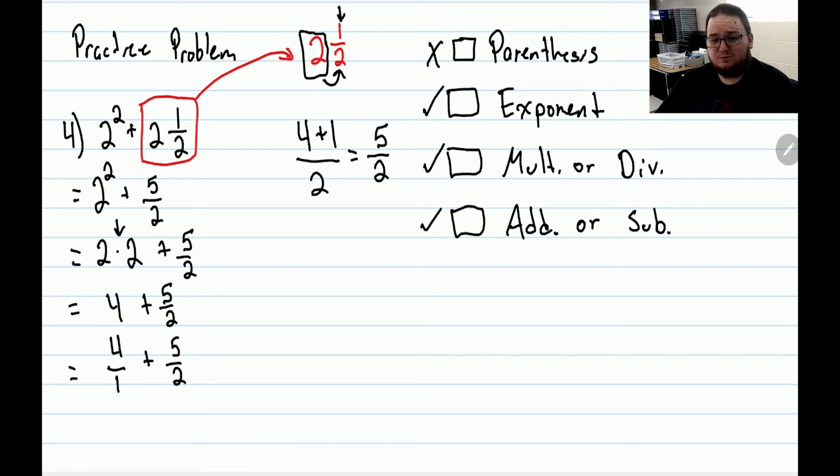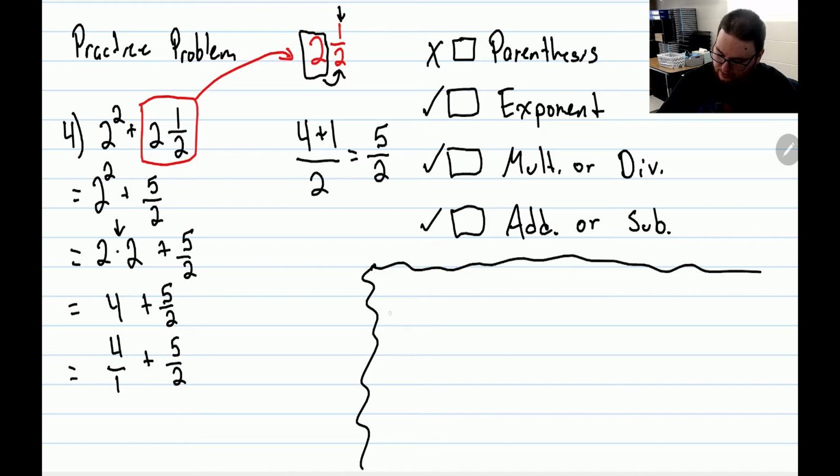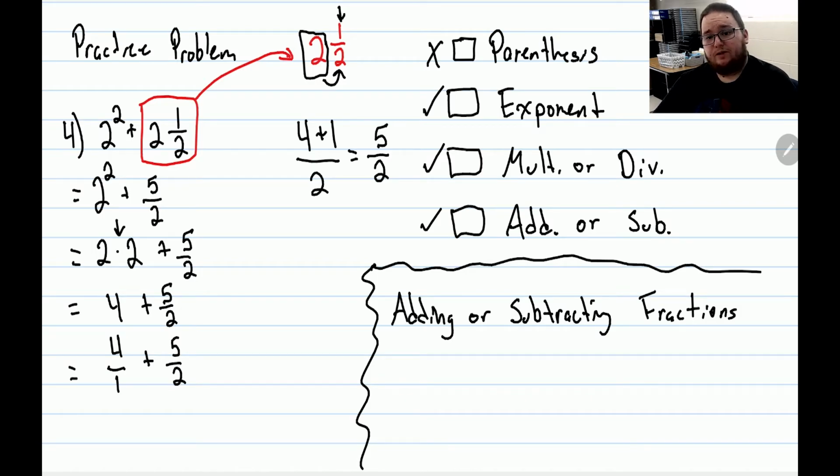And if you're adding or subtracting fractions, again, this is a side note, there's a little method that we do, and it's called the butterfly method. But what we're actually doing is we're finding a common denominator, or we're making the bottoms of the fractions match.